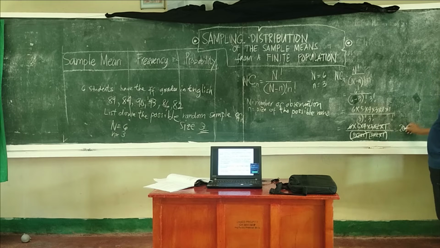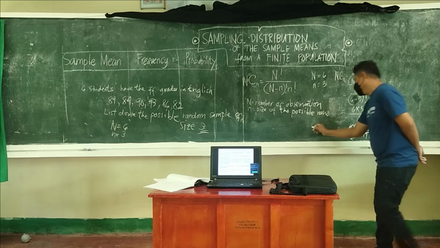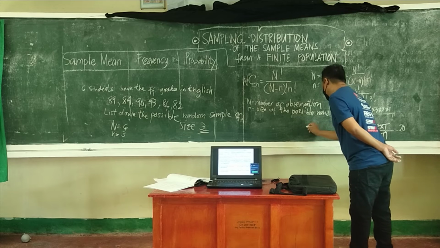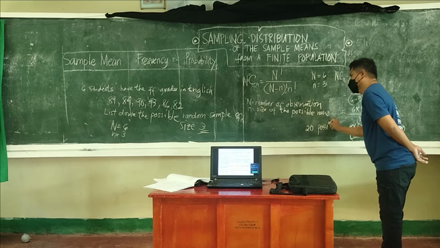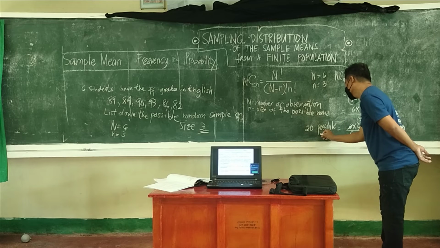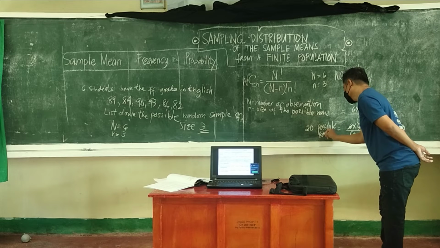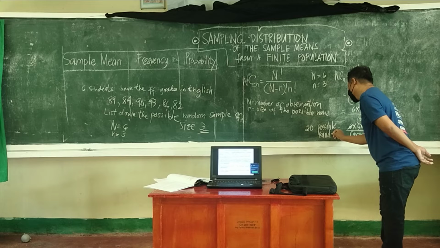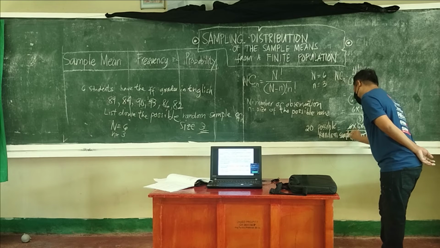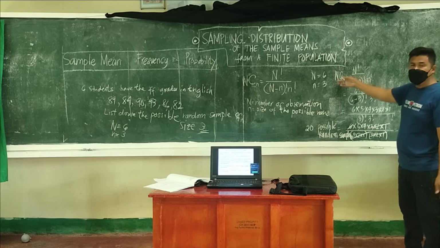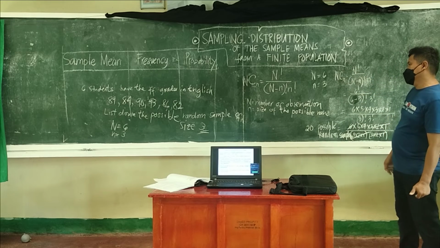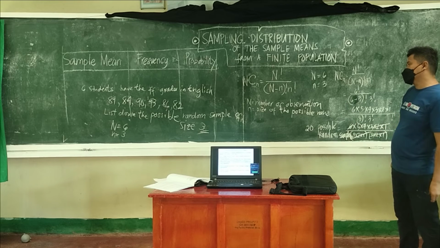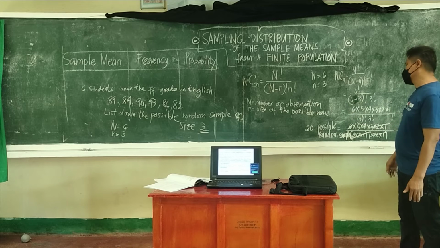So there are 20 possible random samples based on the given problem, where we are going to find the list of the random samples of size 3.